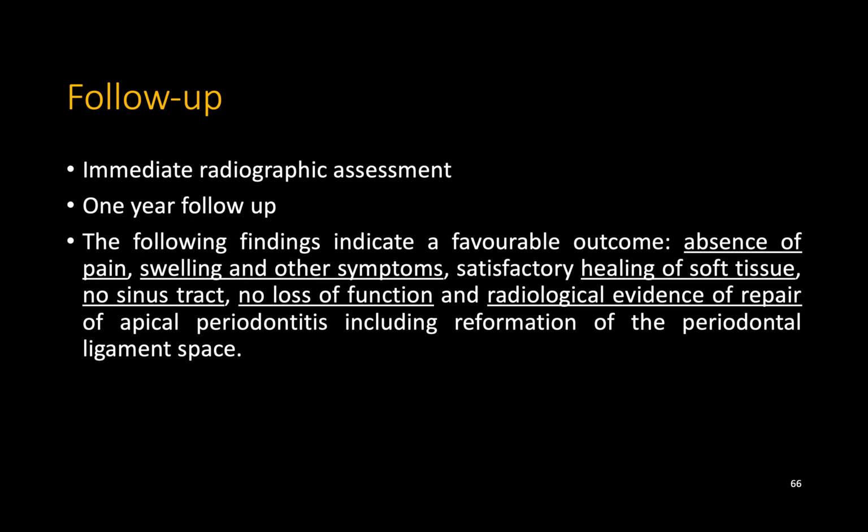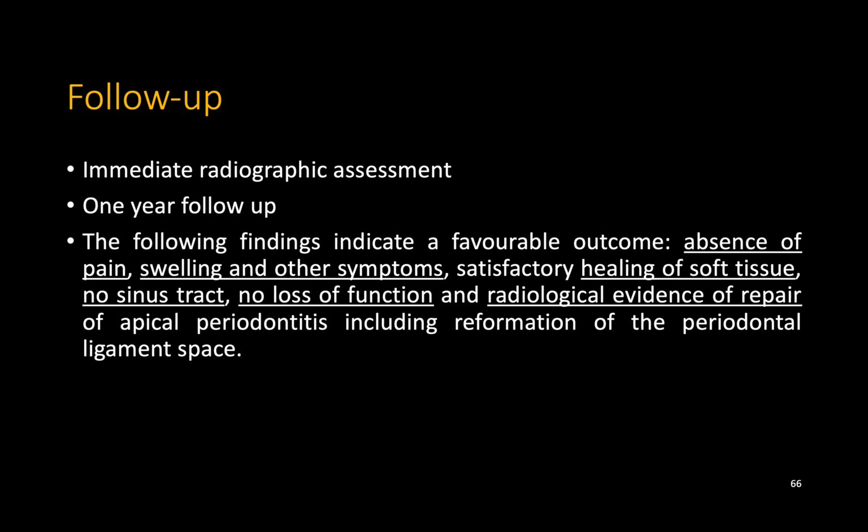Ideally, you want the cementum and periodontal ligament to regenerate on the radiograph over the resected root apex. When you take the radiograph after 1 year of the surgery, you look at the cementum and the periradicular tissues.